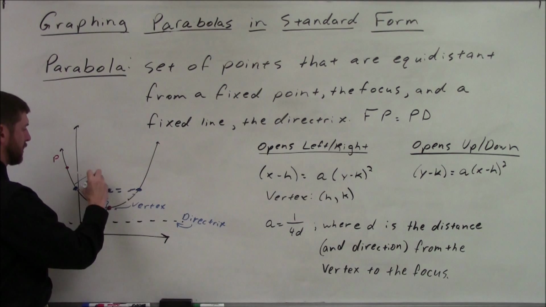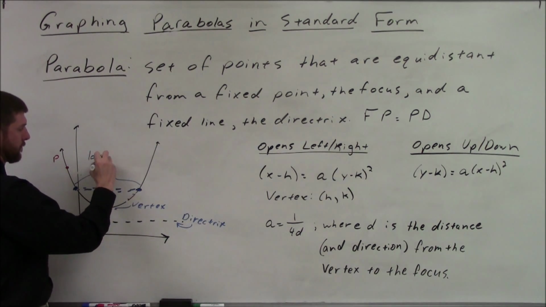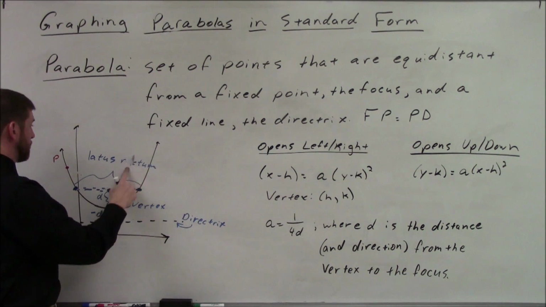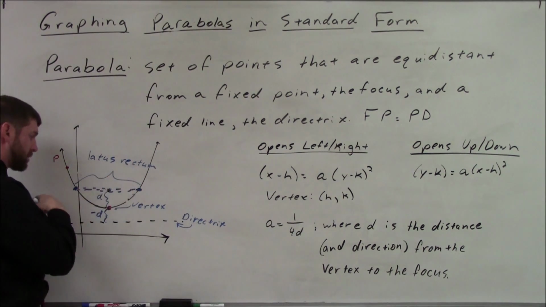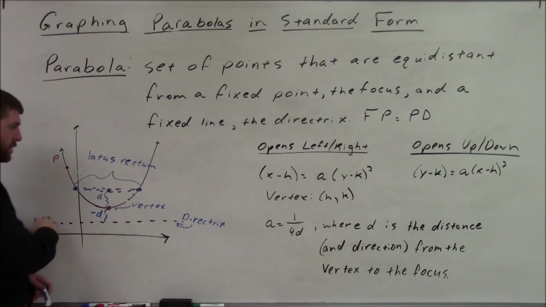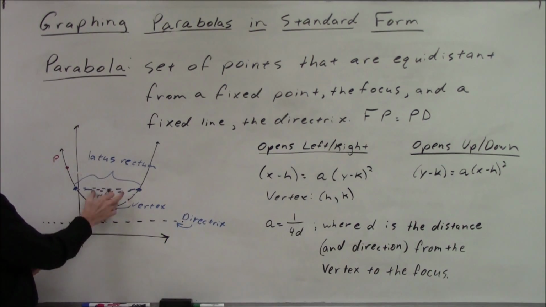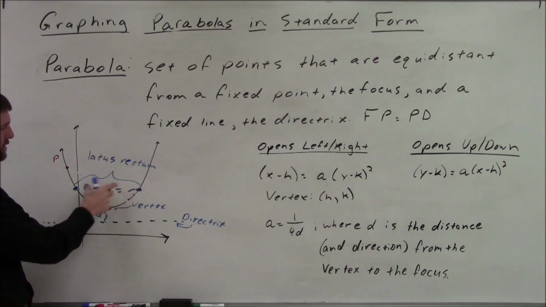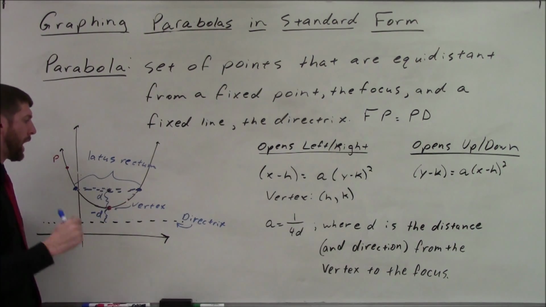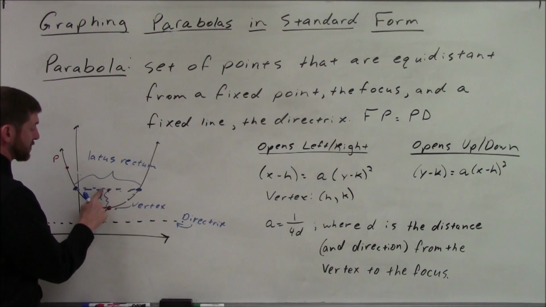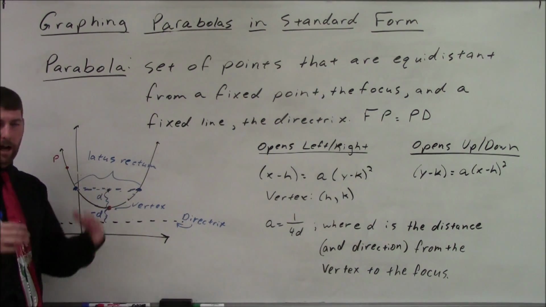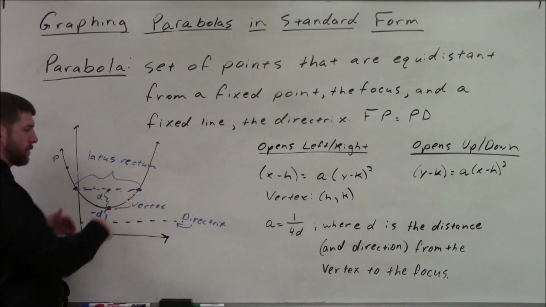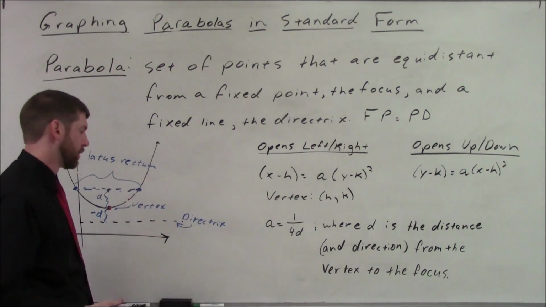It is called the latus rectum. And the latus rectum is just as I said. It's a horizontal line segment that runs parallel to the directrix through the focus and ends on the curve, on the parabola. Why it's important is because it tells us we have a way to figure out how wide that line is. So if I know how wide that line is, I get my 3 points to be able to give myself a good curve.